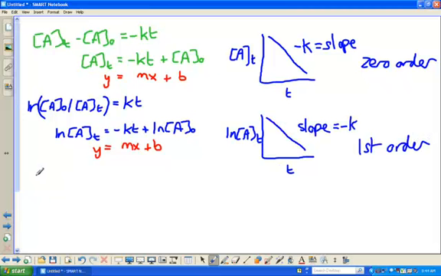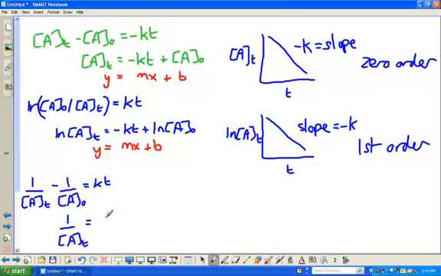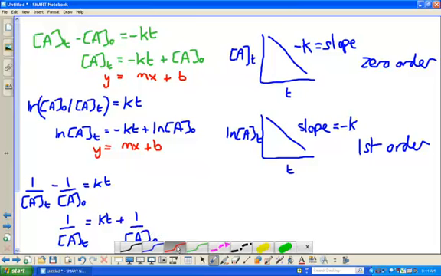Alright, now for second order. You remember what we said? We said that the initial integrated rate law looked like this. And if I just rearrange things to get 1 over a sub t by itself, what I get is this. Just doing some basic algebraic manipulation there. Again, I have this in the form of a straight line.